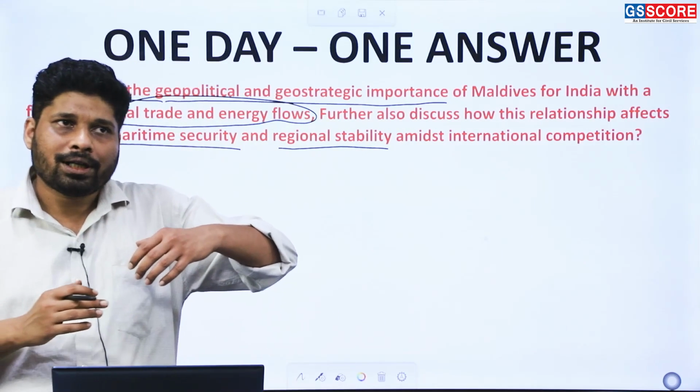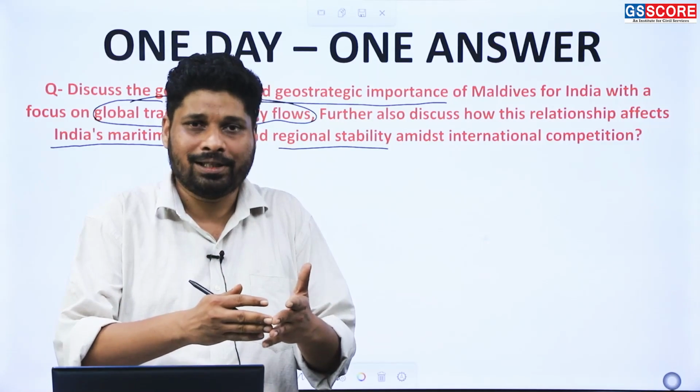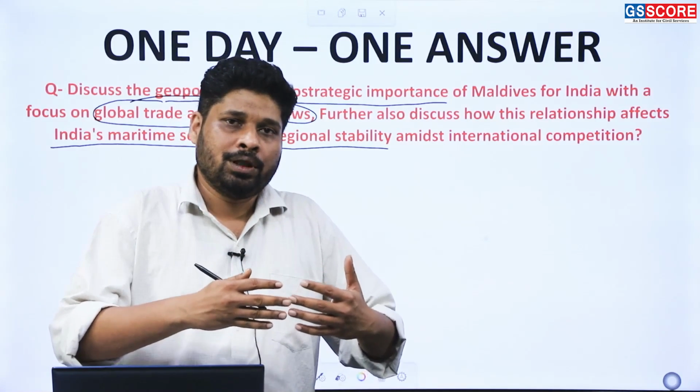So what it basically wants you to portray is that if India has good relations with Maldives, India's maritime security will be strengthened.